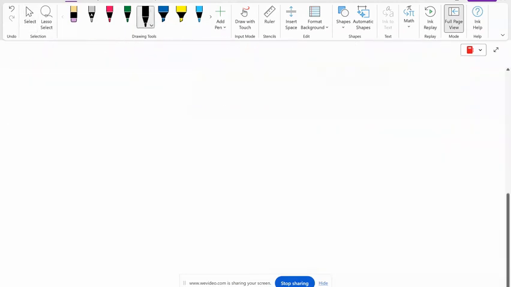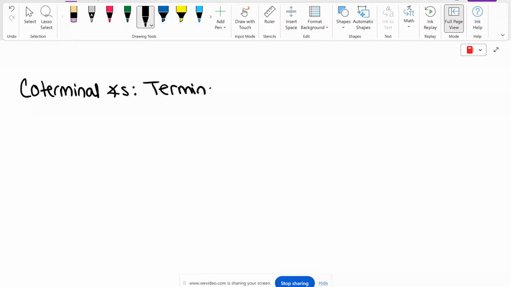All right, another definition, coterminal angles. So coterminal angles are going to be angles that terminate in the same place.